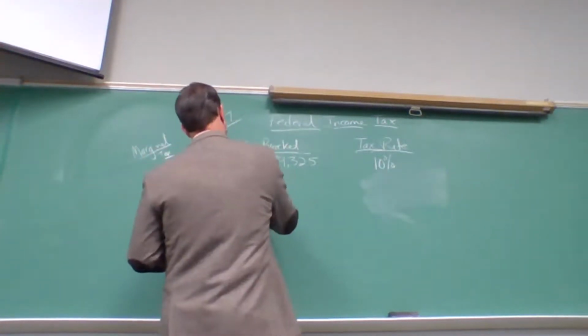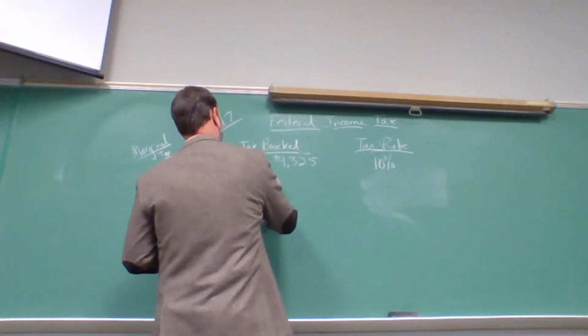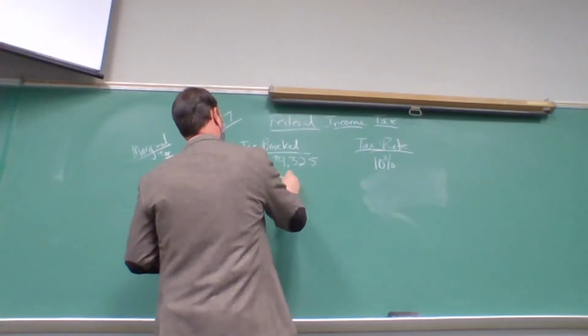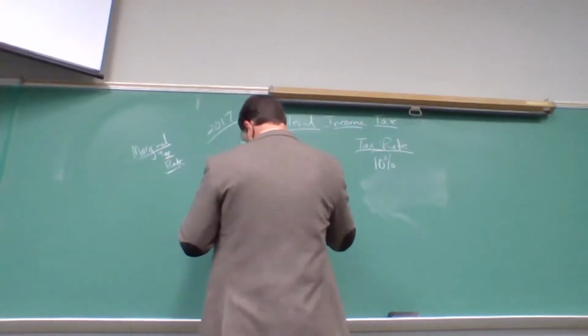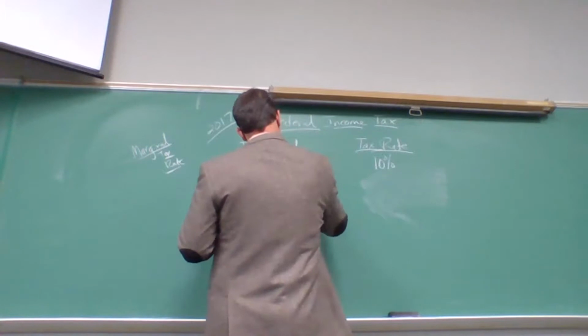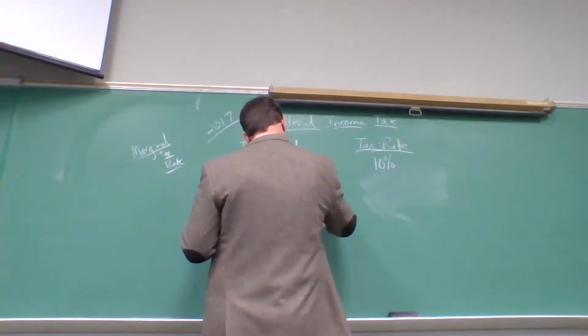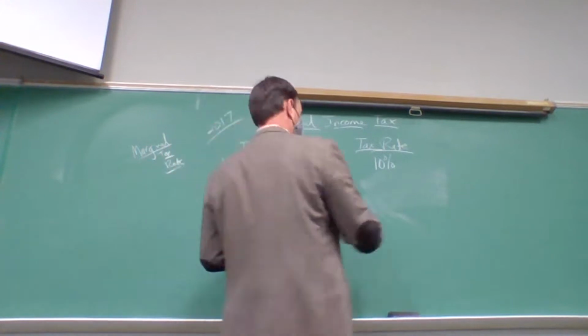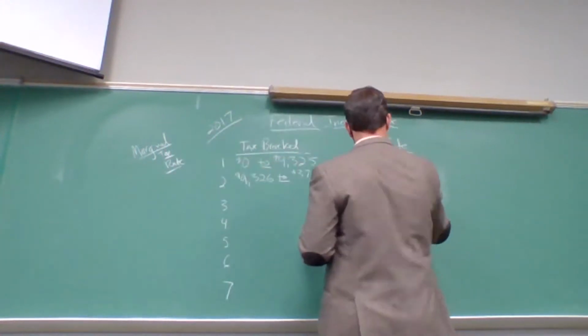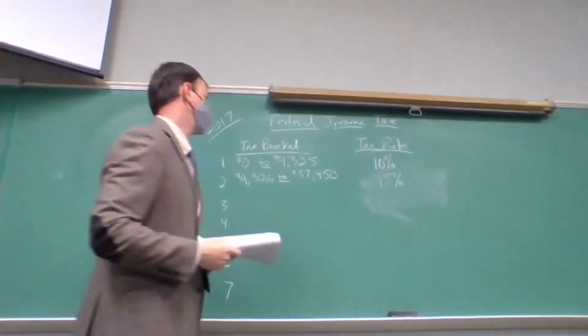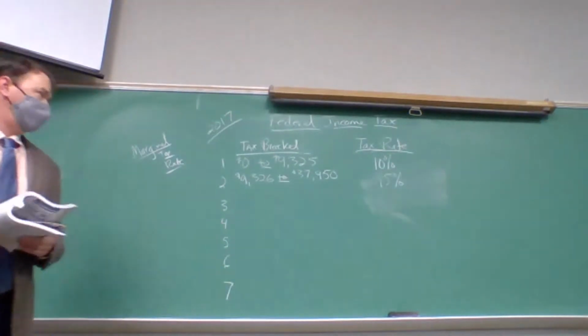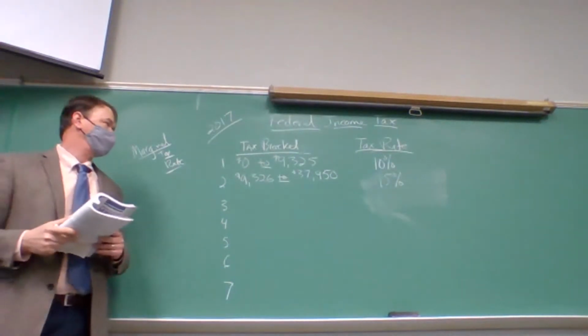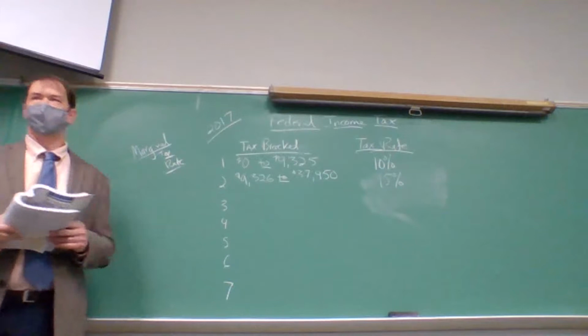If you earn 9,326 to 37,950, all right, your marginal tax rate is 15%. And in fact, I said that wrong. For your earnings from 9,326 to 37,950, you're taxed at 15%.